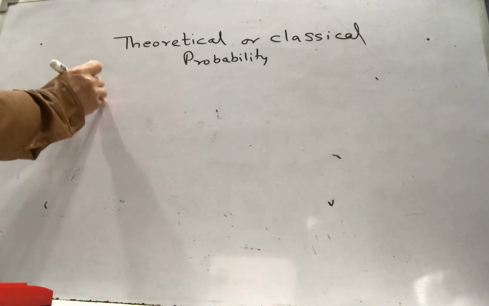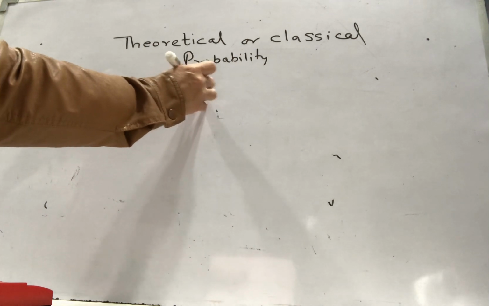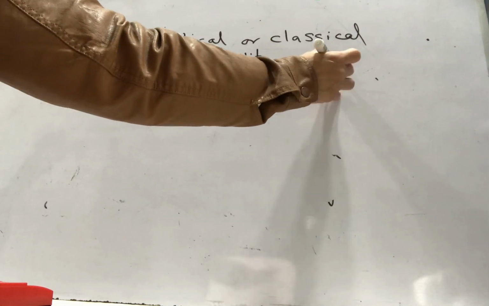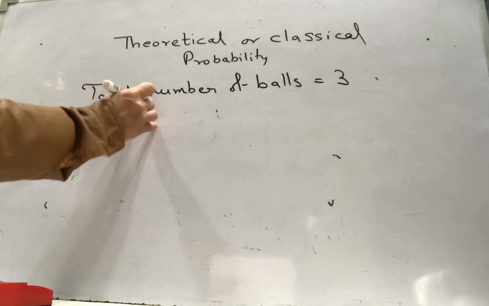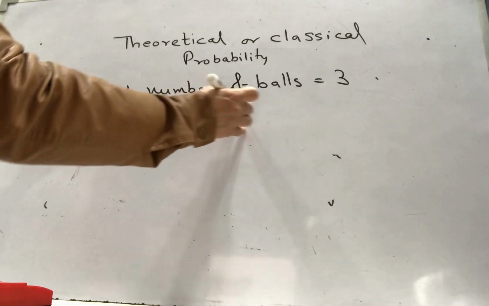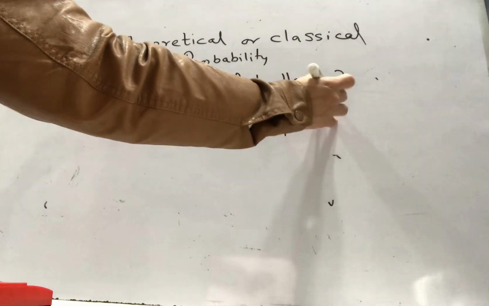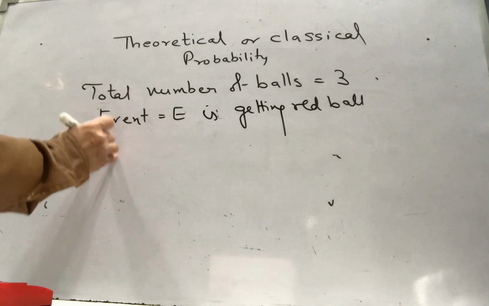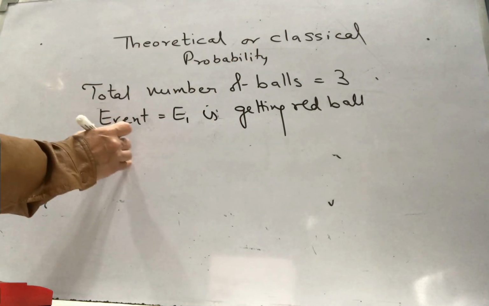So the total number of balls is equal to 3. My event, which I am marking as E, is getting a red ball. Let me name it E1 because I will be taking all the balls.